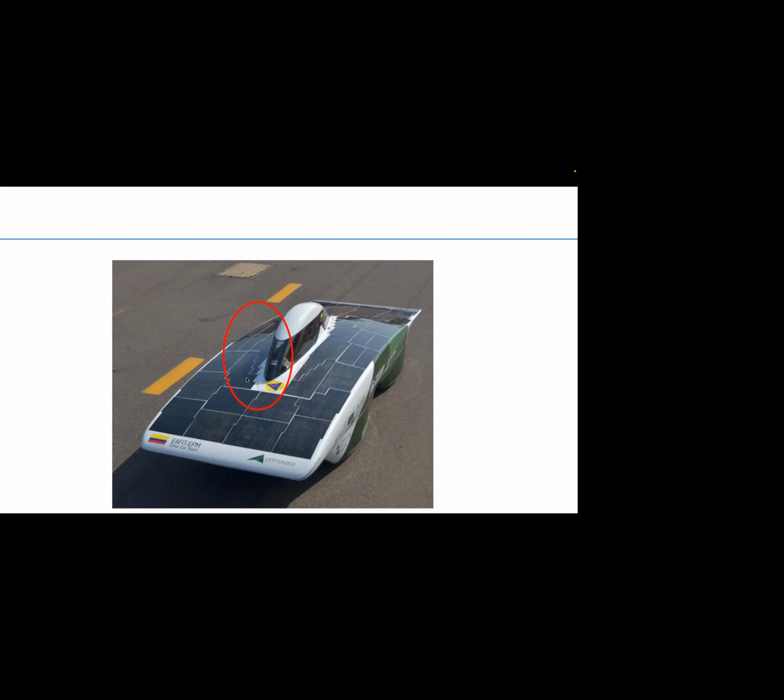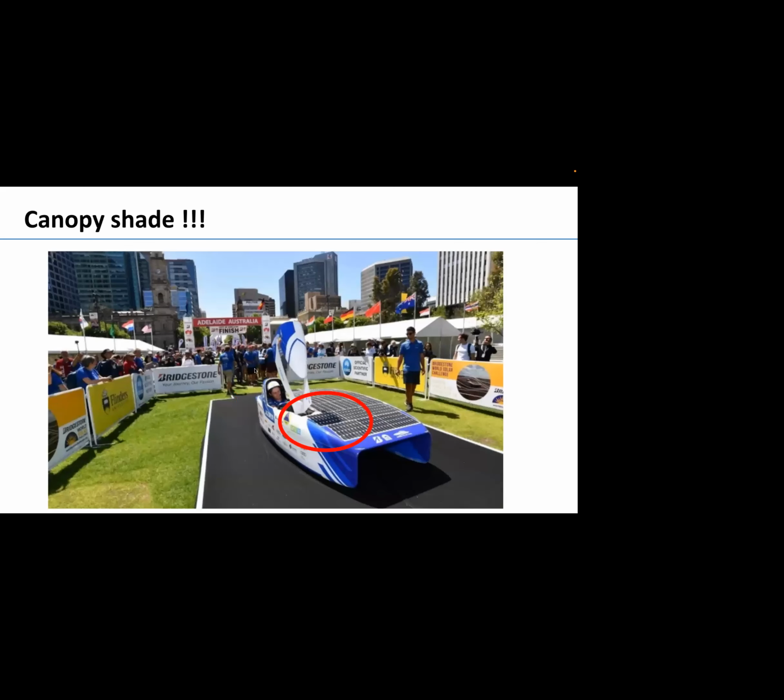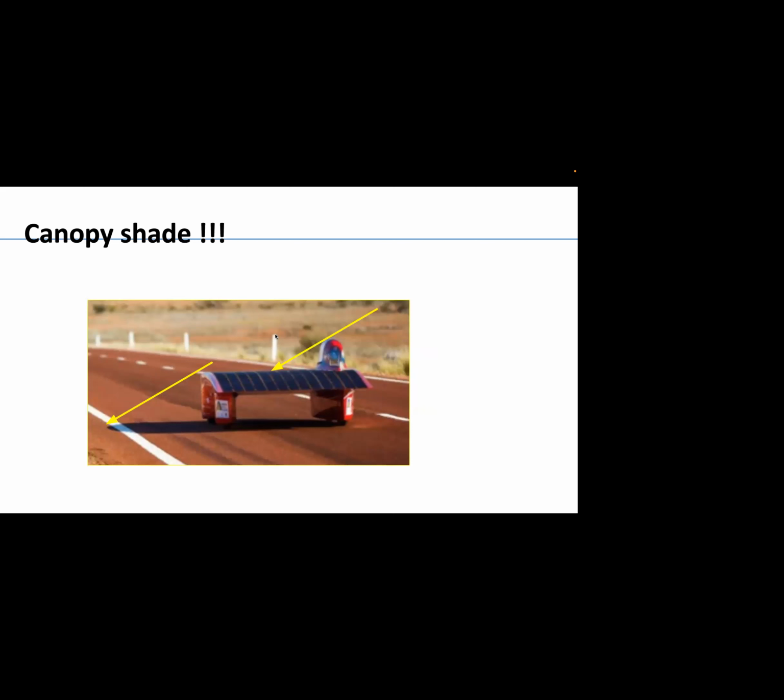Here's another car with shade. This is why the shade is created. The sun comes on the array under an angle. There's an object, for example, the driver canopy, in between the sun and the solar array, and therefore you have shade.